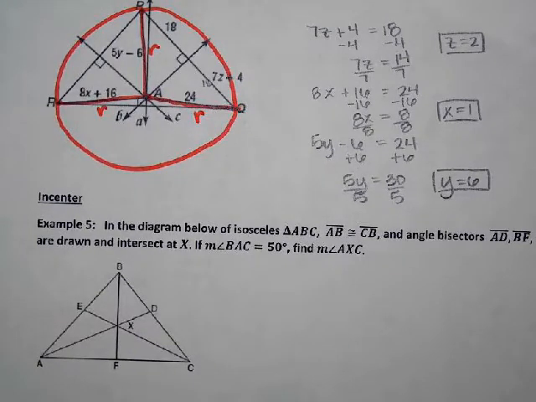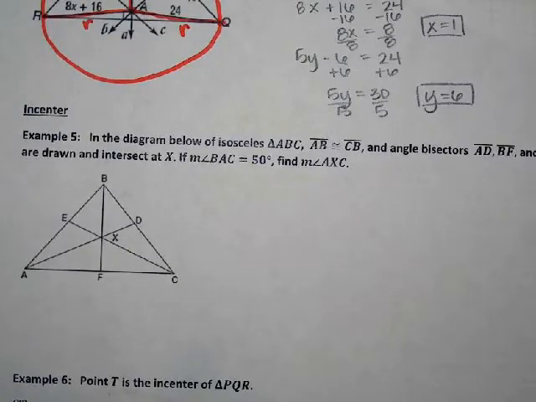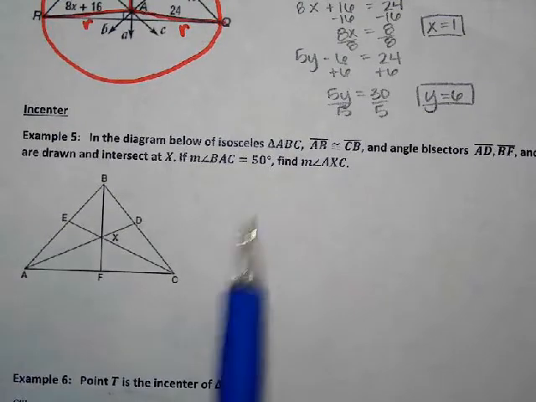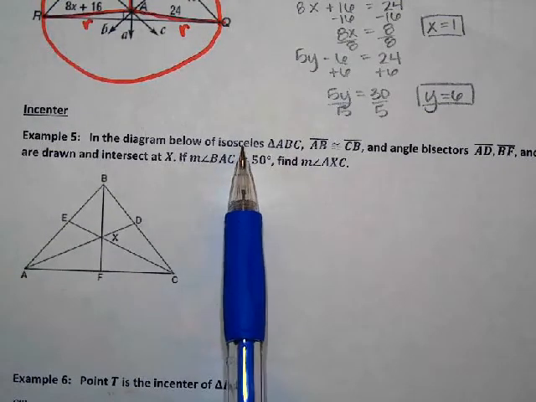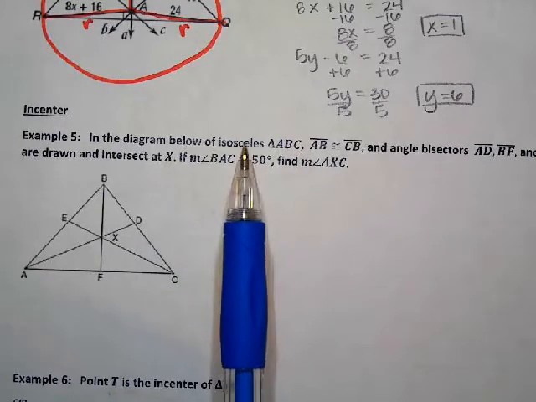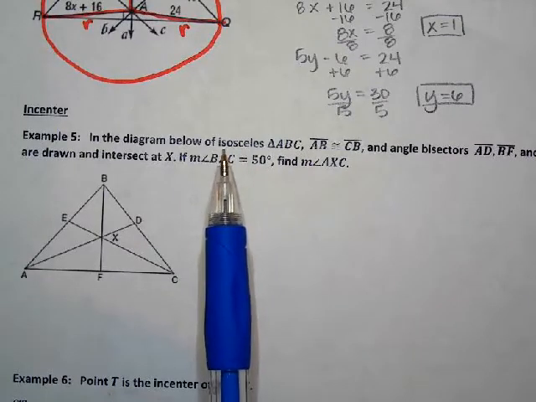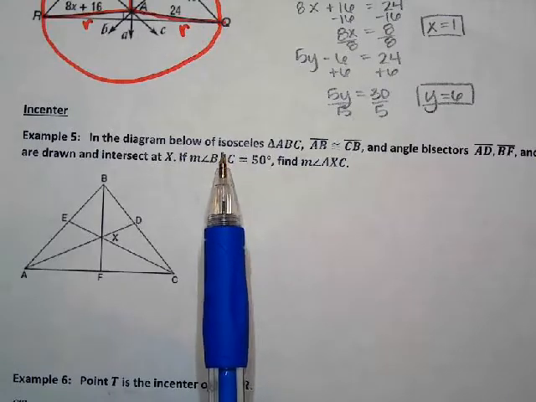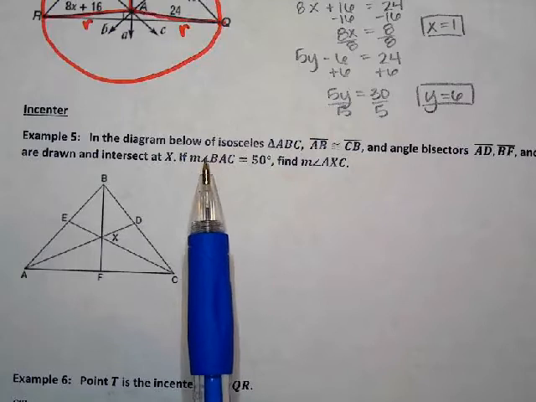All right. In the diagram, we have an isosceles triangle. Do you guys remember what an isosceles triangle is? Two sides are the same, and the angles are the same. So two sides have to be the same length, and two angles have to be the same degree measure.